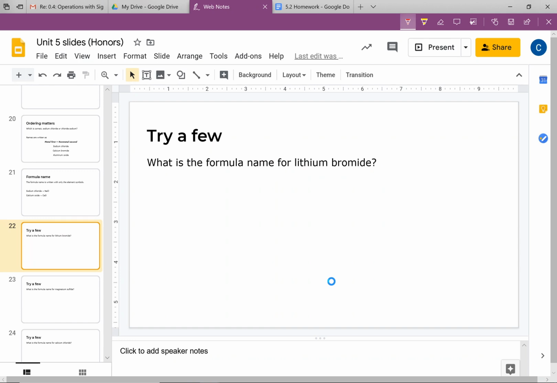What I'm going to do is write out lithium, and since these are all ions, I'm going to put the charge here. So Li plus, and then Br minus. Okay, just to remind myself.